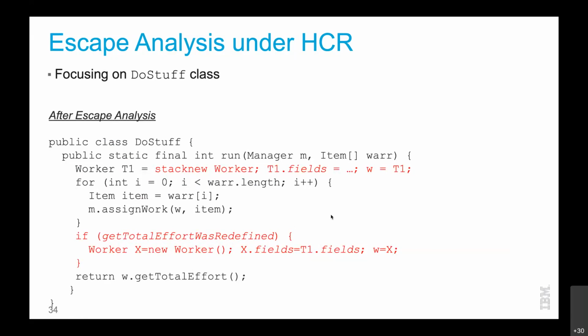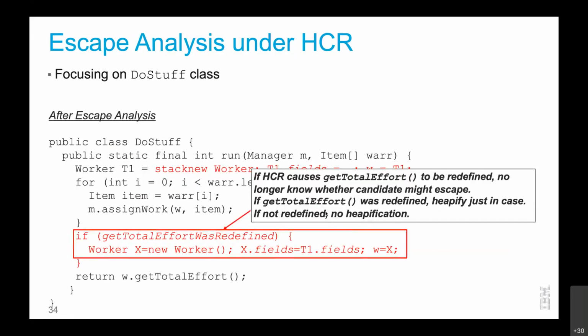So now, after escape analysis and peeking, the EA is able to stack allocate this object, and it will generate code that checks: was the getTotalEffort method redefined? If it was redefined, the generated code has to heapify the instance at this point, and then it can call the getTotalEffort method.